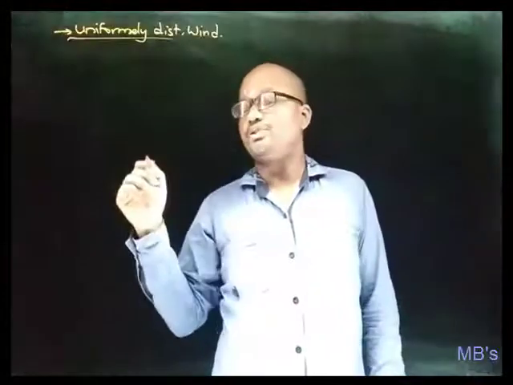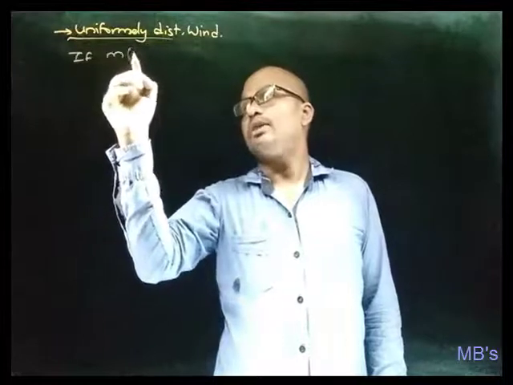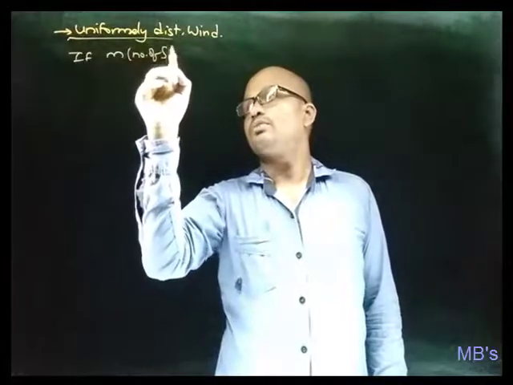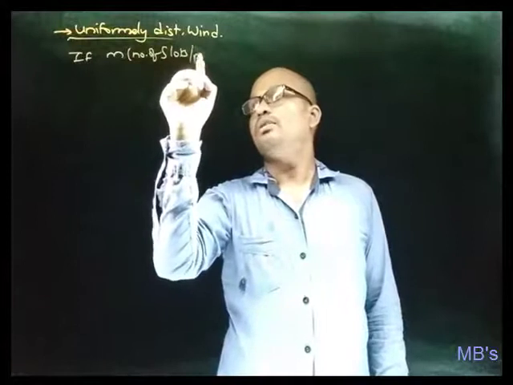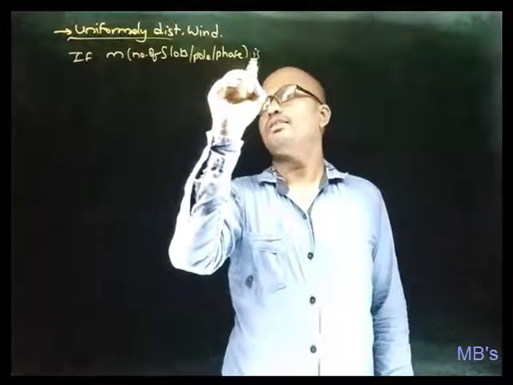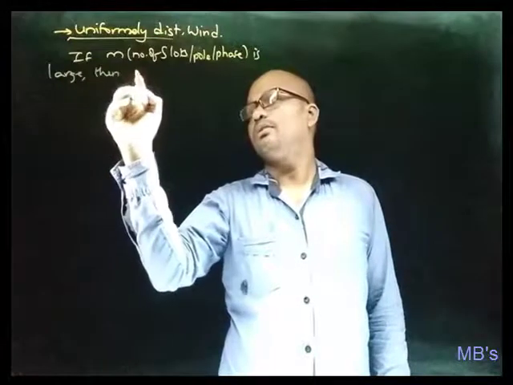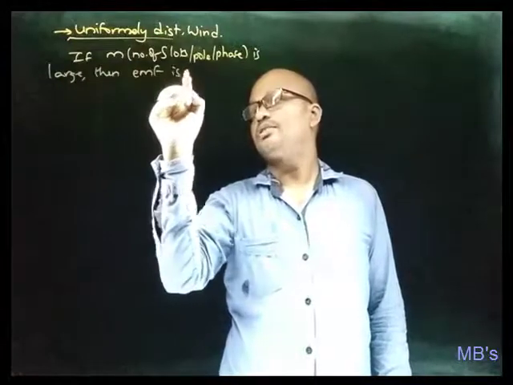Next, uniformly distributed winding. If M, the number of slots per pole per phase, is large, then the EMF induced is more.